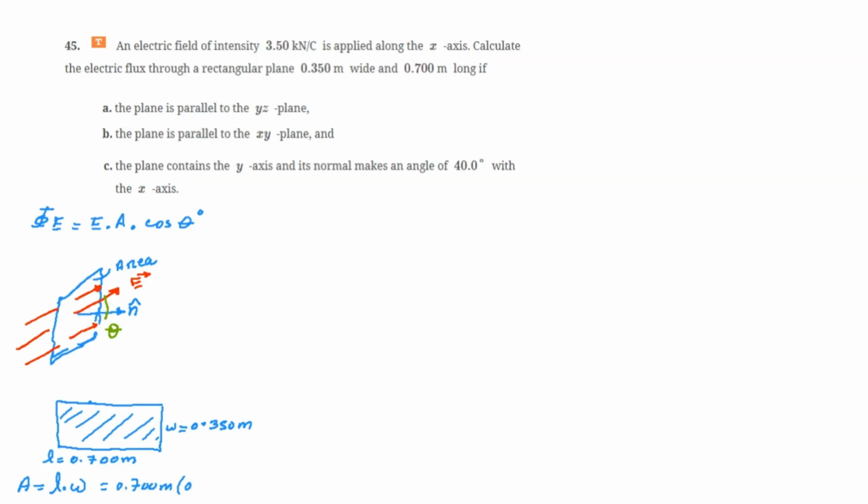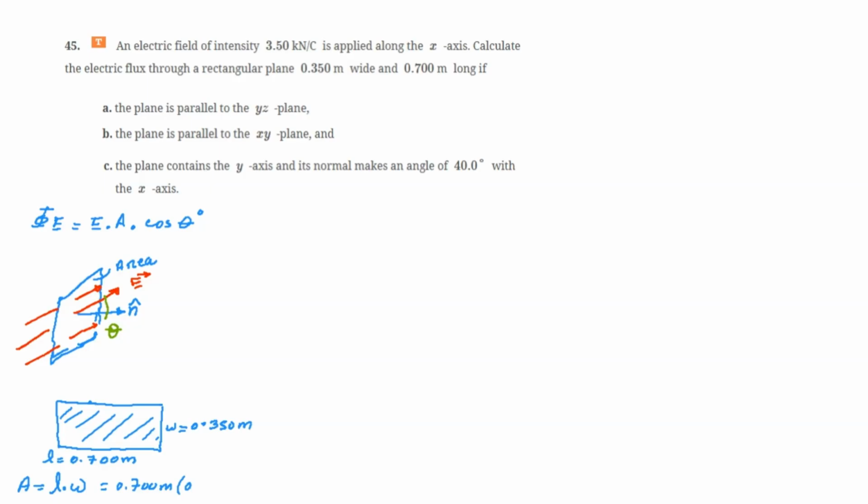And that's why the angle is 0, and the cosine of 0 is 1. That's why the electric flux is maximum. But the electric flux is maximum basically because you have more area facing the electric field lines.